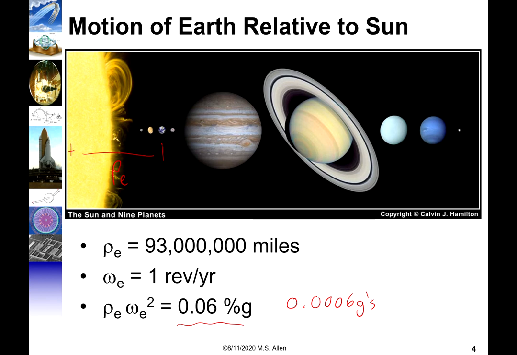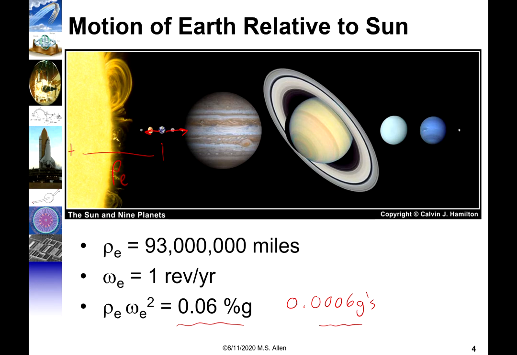So this is large enough that we might actually be able to measure that with very sensitive, very delicate instrumentation. So in some cases you might actually be able to pick up and tell that this is happening. As we're sitting on the Earth, if we're standing on this side, with our head towards the Sun, versus standing on this side, every day as the Earth spins, we would measure a different weight by this amount.